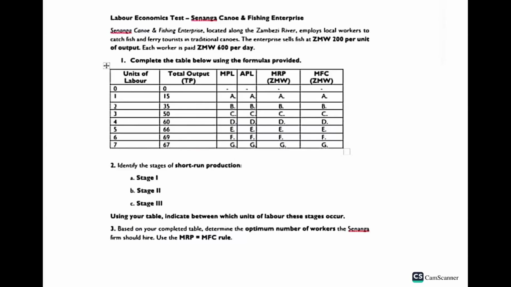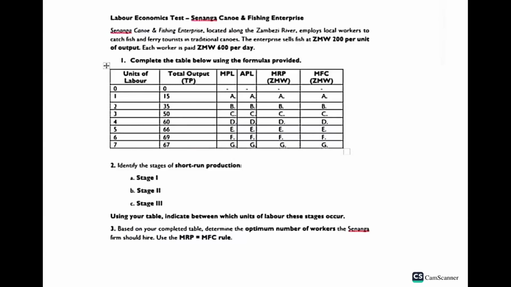So now there was this test in labor economics, and the question read as follows: Senanga Canoe and Fishing Enterprise, located along the Mbezi River, is a company that employs local workers to catch fish and ferry tourists in traditional canoes. Now the enterprise sells fish at 200 kwacha per unit. That's the price of each fish per unit of output.